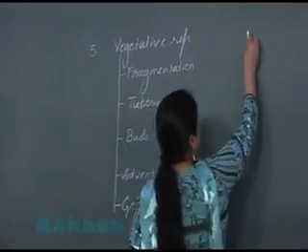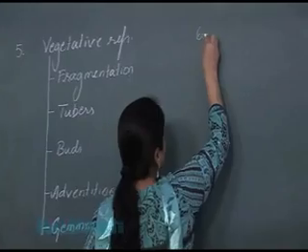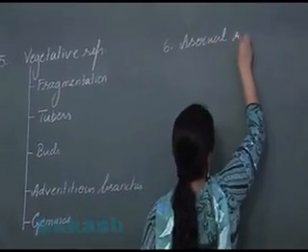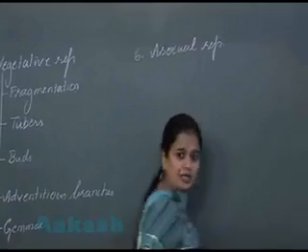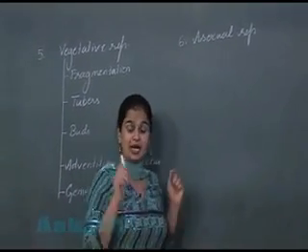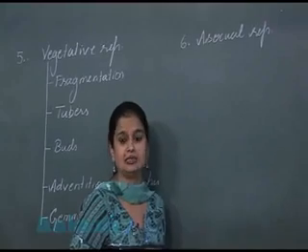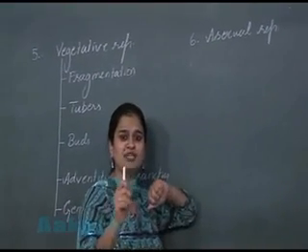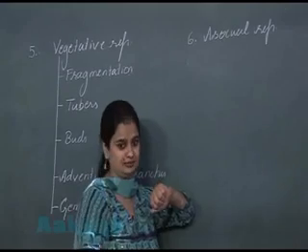Now after the vegetative reproduction, we can see the asexual reproduction. In the group we studied before, that is algae, I have discussed that in the algae the asexual reproduction through spore formation is very common.